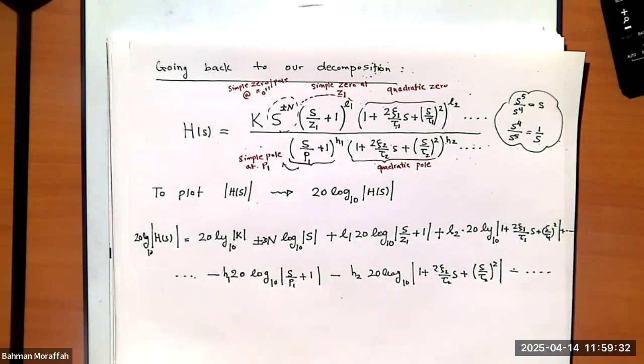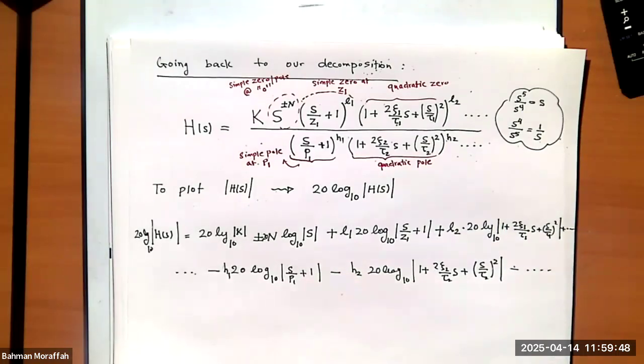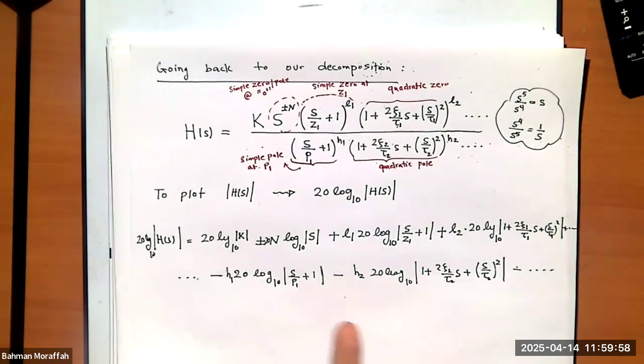When there is a zero, the slope for that is always positive. When we're plotting poles, regardless if it's a simple pole or a quadratic pole, the slope is always backwards, downwards, 40 downwards. I'm going to talk about that in detail next lecture.